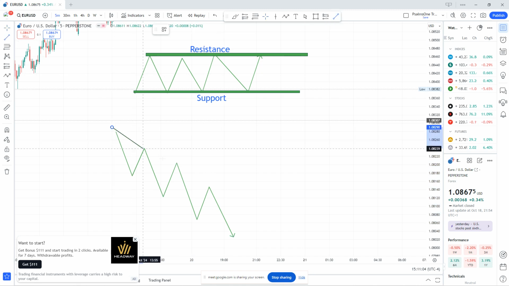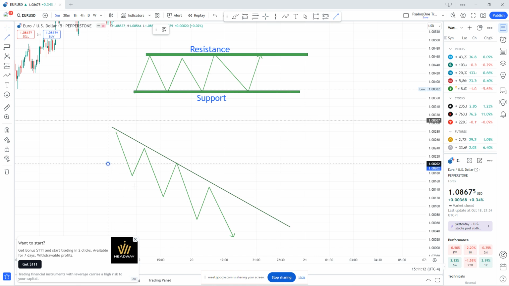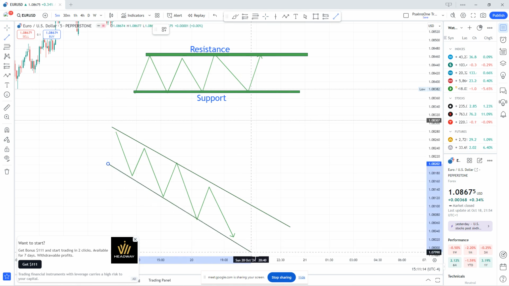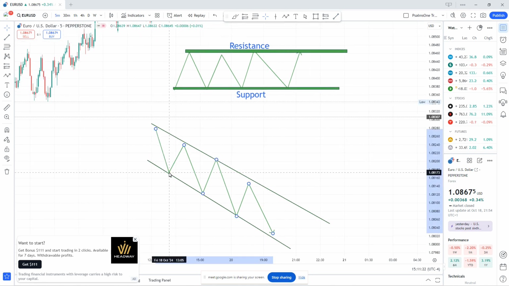That's a diagonal market, where price is just going like this in a diagonal form.